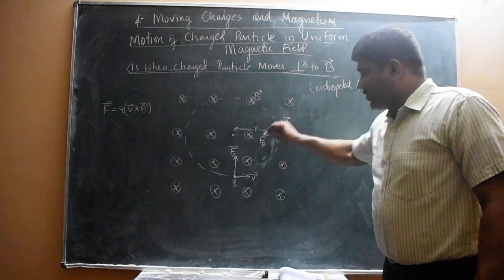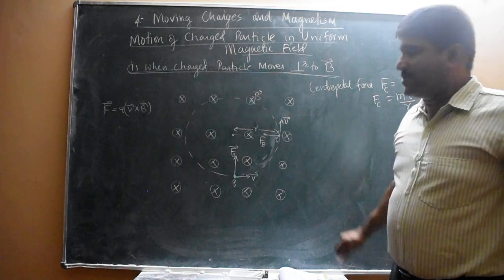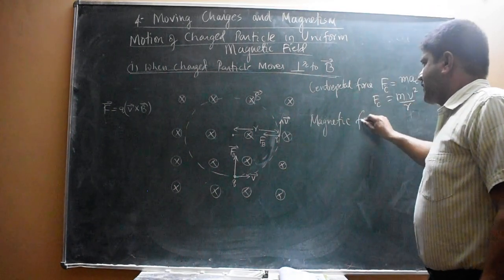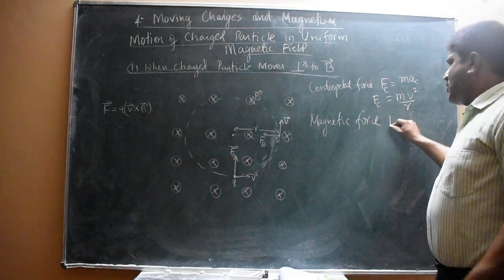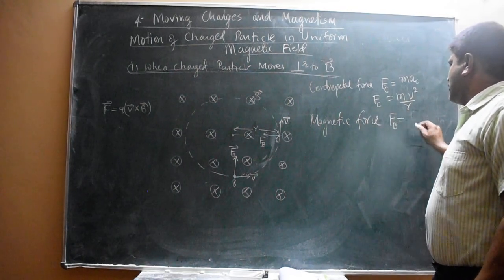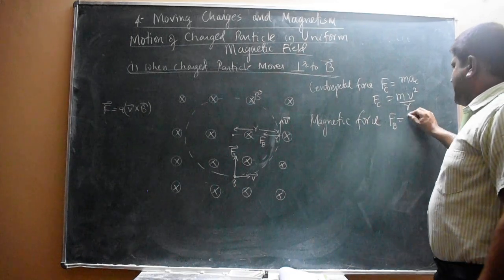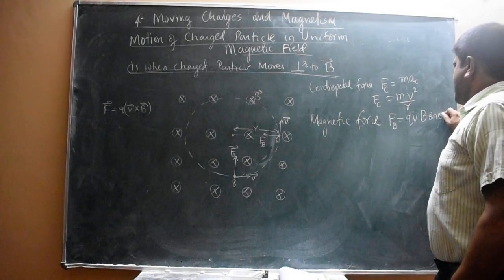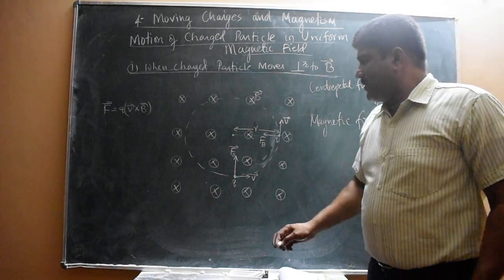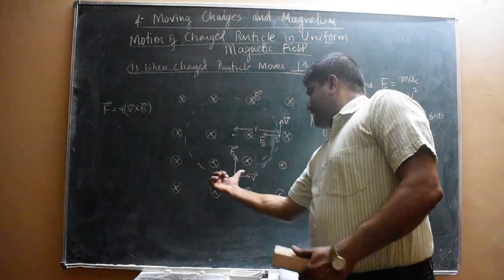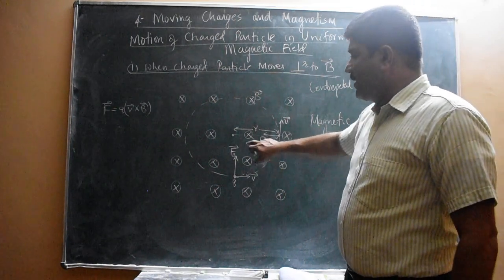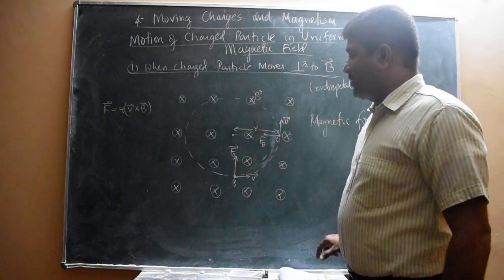Now the magnetic force experienced by the charge. So magnetic force is F_b equal to QVB sin theta. Here observe one more thing. The velocity vector is in the plane of board, whereas the magnetic field B is perpendicular to the board.